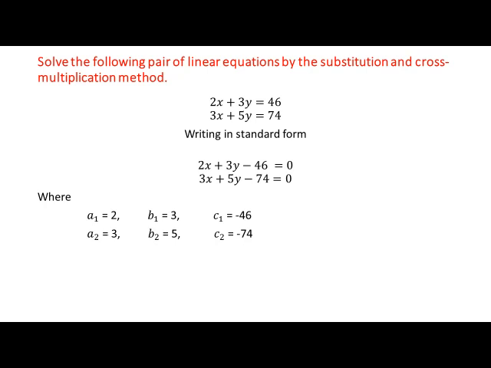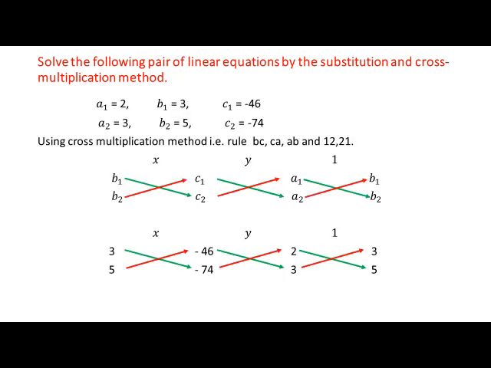Now again recalling that diagram for the cross multiplication method, where x has in its denominator B1 C2 minus B2 C1, y has in its denominator C1 A2 minus C2 A1, and 1 has in its denominator A1 B2 minus A2 B1.